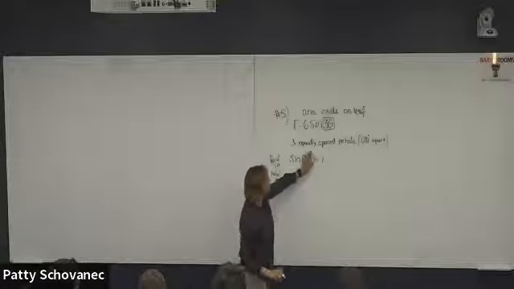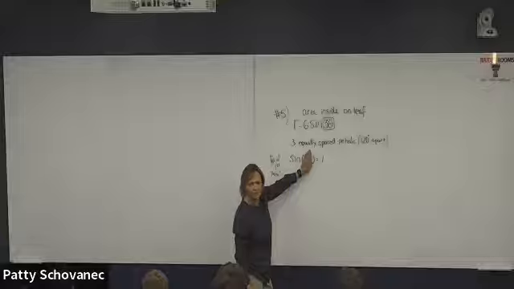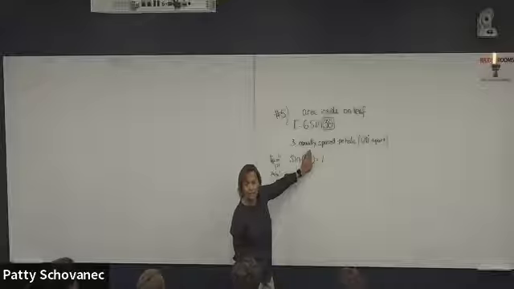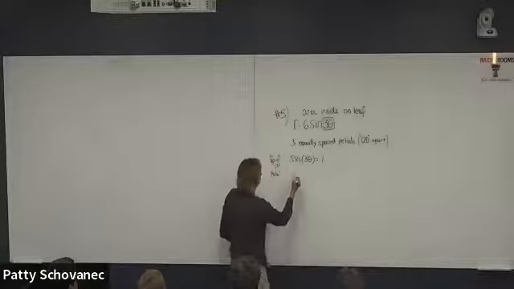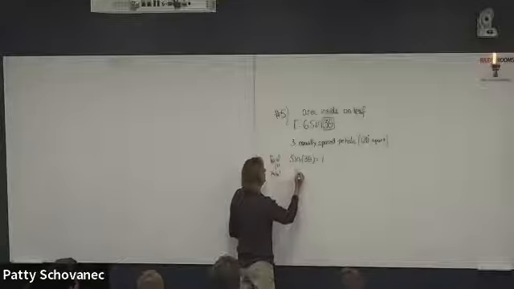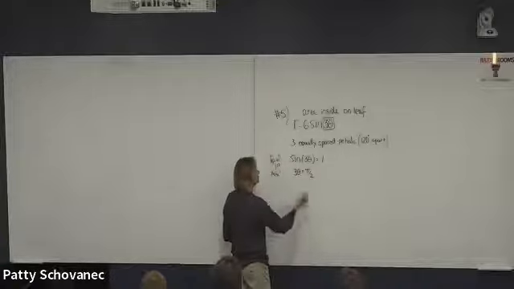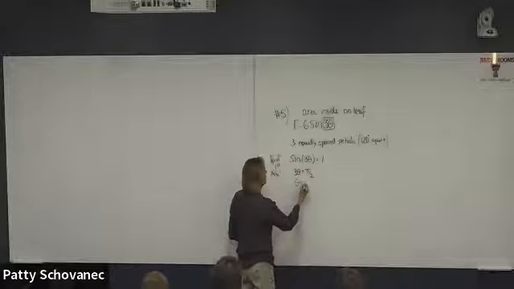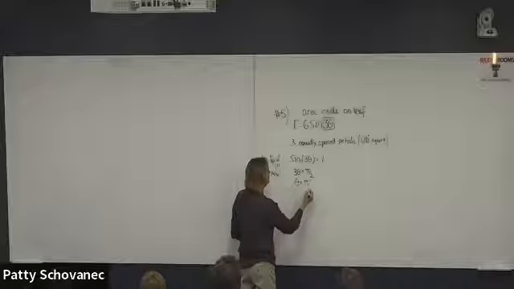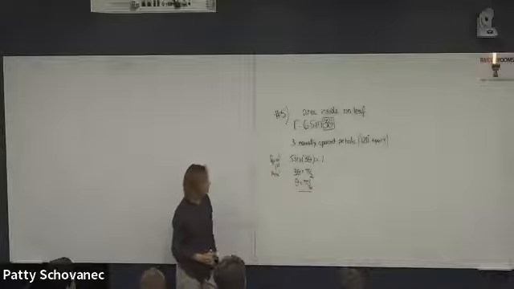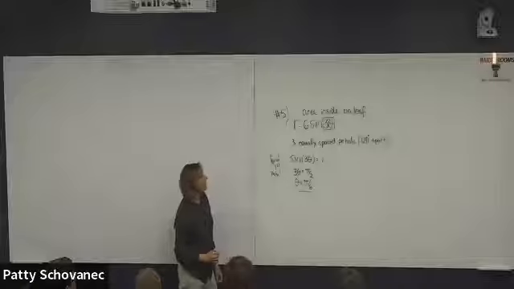Typically the sine of pi halves is 1, so I'm going to take the stuff under my hand and set it equal to pi halves and solve for theta. So 3 theta has to be pi over 2. If I divide by 3, then theta is pi over 6. So the first petal is at pi over 6.